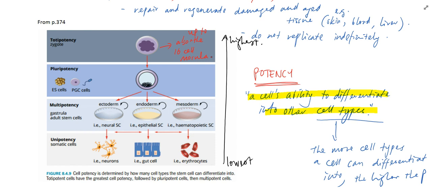Now the next level of potency is pluripotency, and we observe this in the blastocysts. We can also find this in some germ cells. They call them PGC cells. These are primordial germ cells, and these give rise to the gametes in adults.